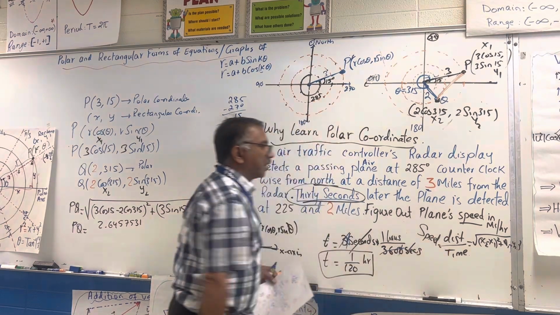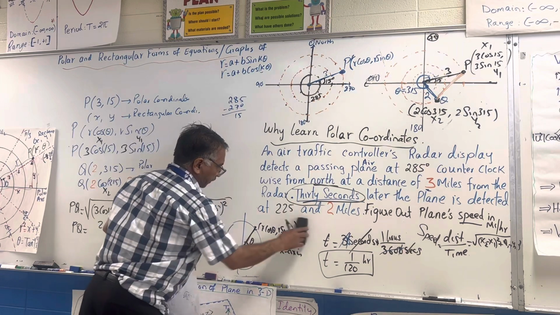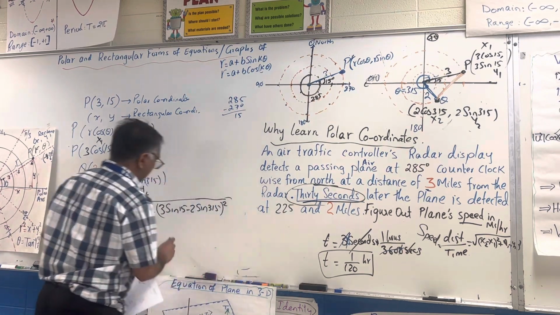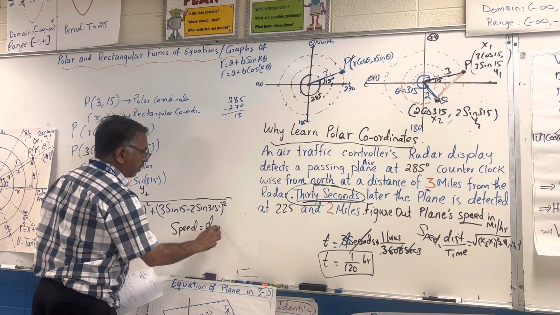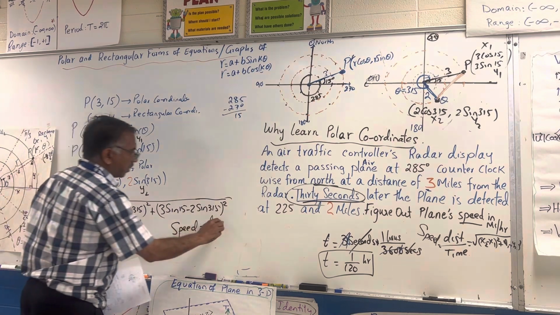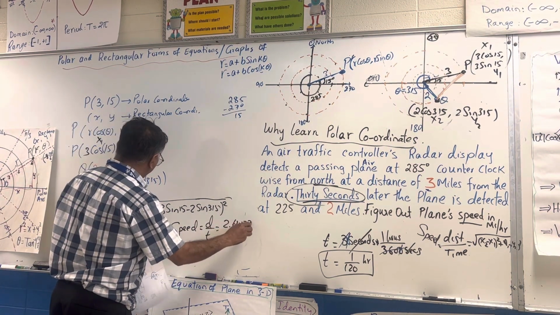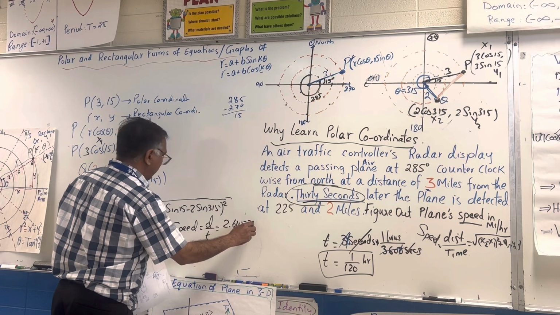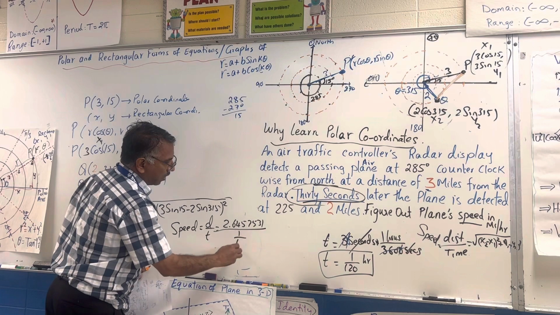Speed is distance over time. So let me write it here. The speed is distance over time, and this distance is in miles. So 2.6457531, and then divide by t, which is 1/120.